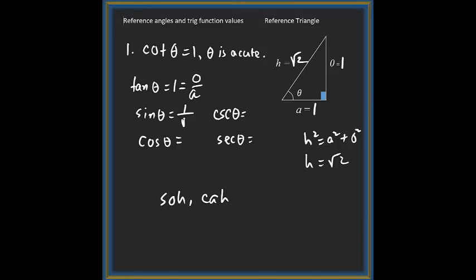So it is 1 over square root of 2. And the cosecant is the reciprocal of sine, so it will be just radical 2. You just flip it. Cosine theta will be A over H, which is 1 over square root of 2. And then we have secant theta, which is the reciprocal of cosine, that means radical 2.